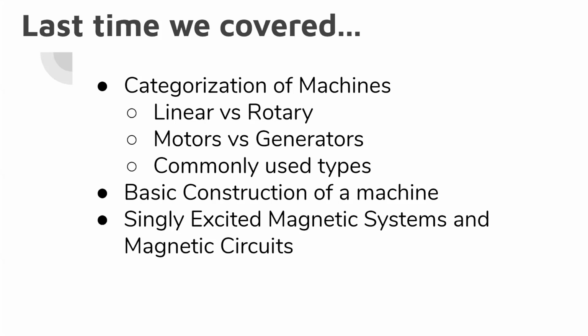So today we are going to continue from there onwards, and we are going to extend the topic to multiply excited machines as well. And if we had enough time, we would try to discuss these single loop DC motors. But as far as I know, you have discussed the basic construction of the DC motor in the first year as well.